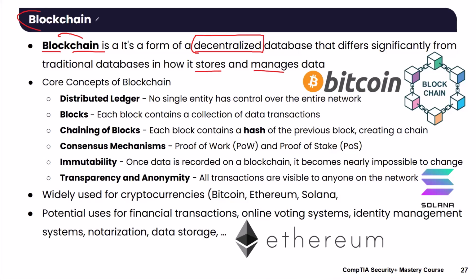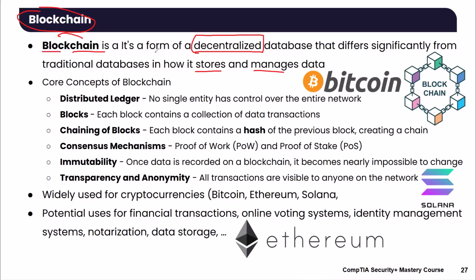This is at the core of what cryptocurrency is. Without blockchain, there is no cryptocurrency as we know it. Cryptocurrency is the first application to use blockchain technology. But blockchain is this type of database that is decentralized, meaning it doesn't belong to anybody.